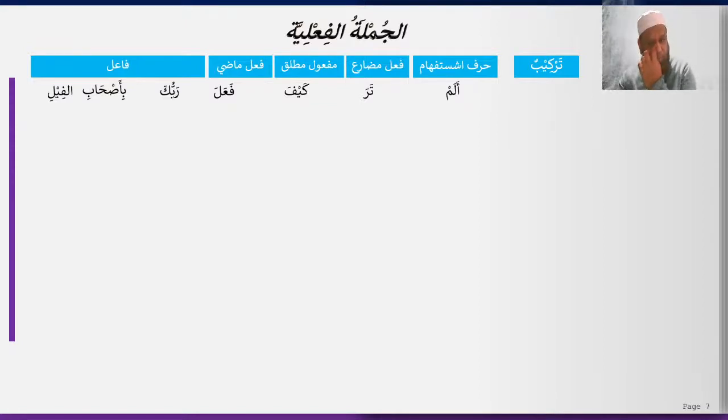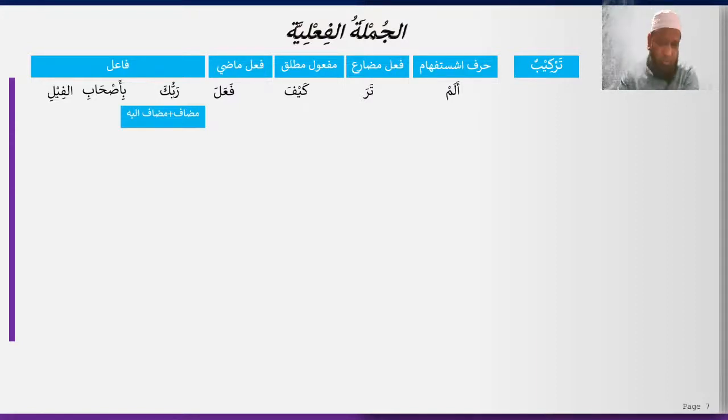فاعل of فعل. So in fa'il we have many other sub slots. First of all is ربك مضاف plus مضاف إليه. Then بأصحاب الفيل, first we have حرف الجر, then مجرور.